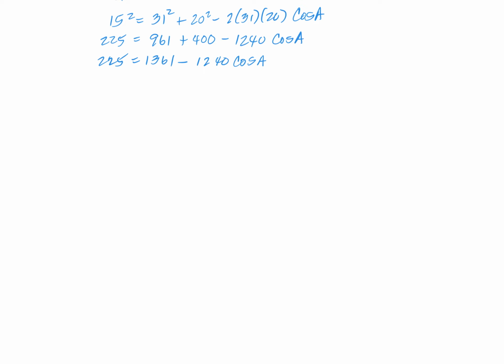Okay, so when I do that, I get a negative 1136 equal to a negative 1240 times cosine of A. Again, the goal is to get the cosine of A by itself.